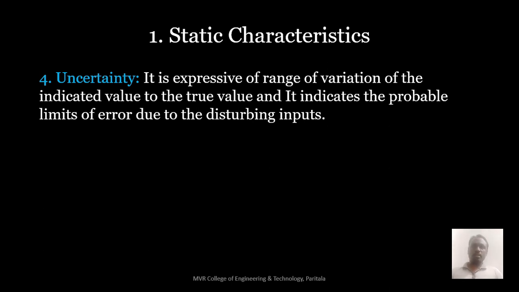But after 2 or 3 minutes, it may show 5.1, and after another 3 minutes, it may show 4.9. Likewise, this 0.1 difference can be called uncertainty for a certain time range.